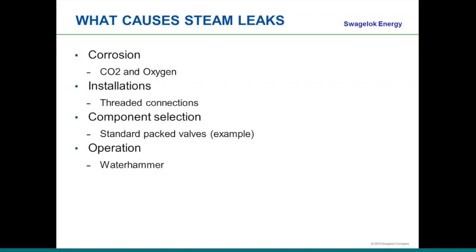So you want to look at your component selection going away from standard packed valves to other types of valves today that we have available for us in the steam system. The other is operation, steam system operation. People have a tendency to have water hammer in the system, which is doing damage to the components in the steam system and causing leakage to occur.